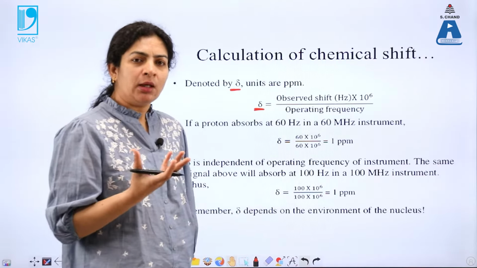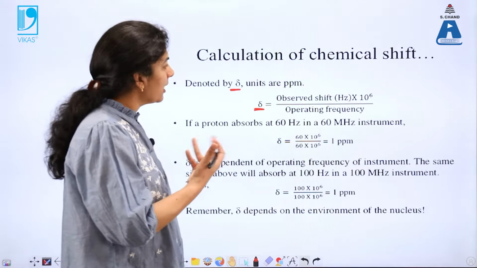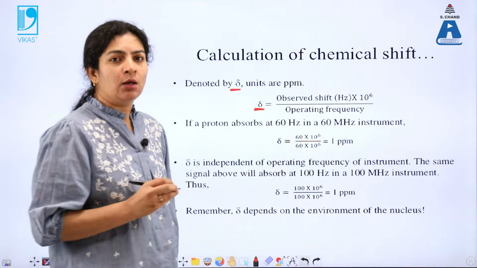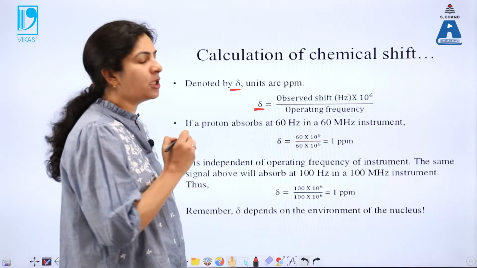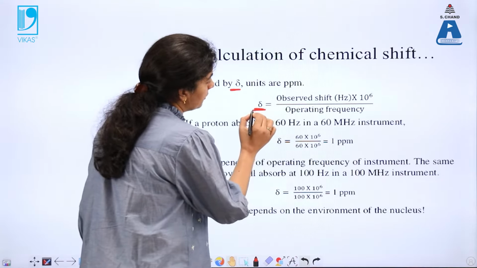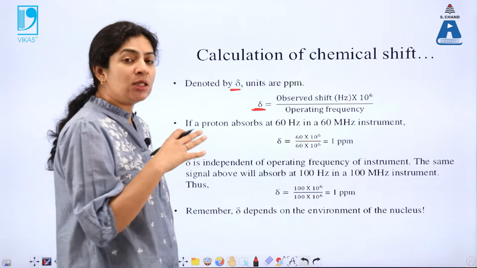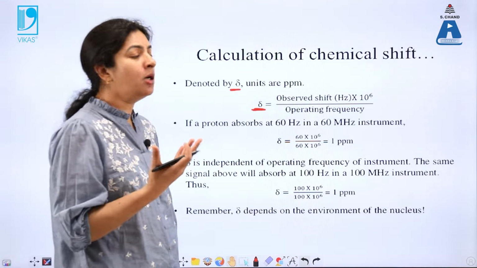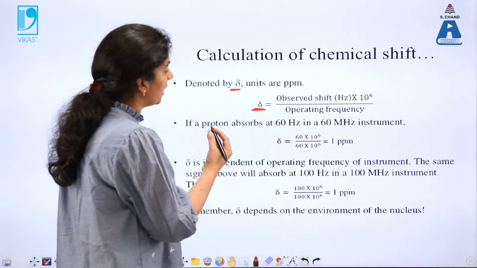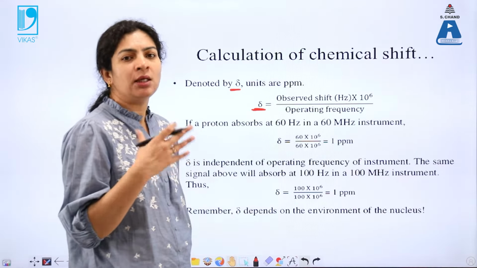After having understood the term chemical shift, we now can understand how we calculate it. Before that, let me tell you why we express the chemical shift in delta units: it is because in units of delta, the chemical shift is independent of the frequency of the instrument.